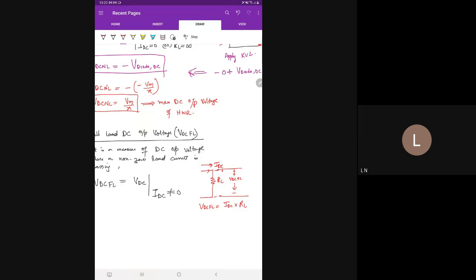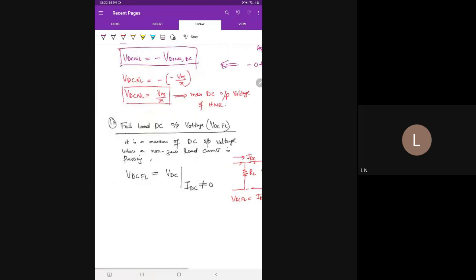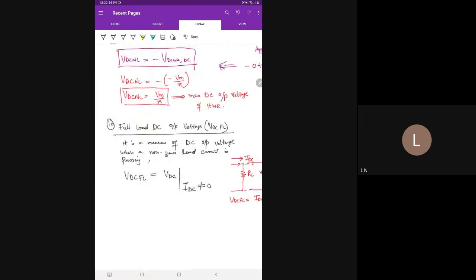So we can say, therefore, VDC full load is equal to IDC into RL. Say, for example, this is equation 1.